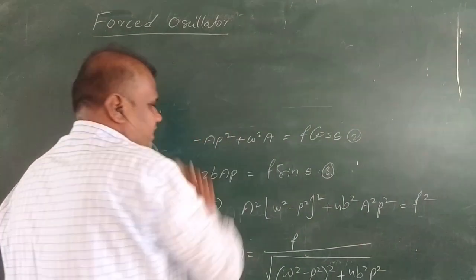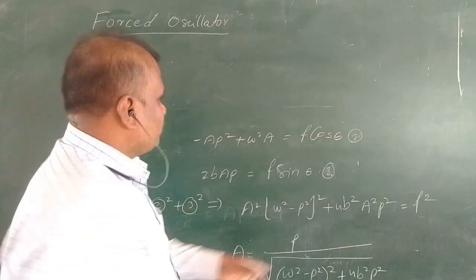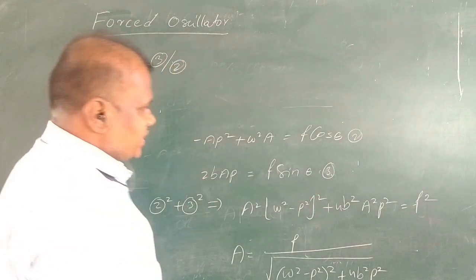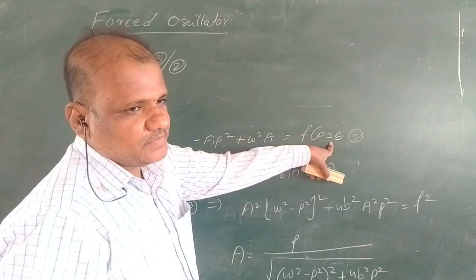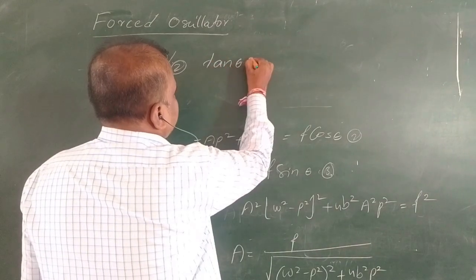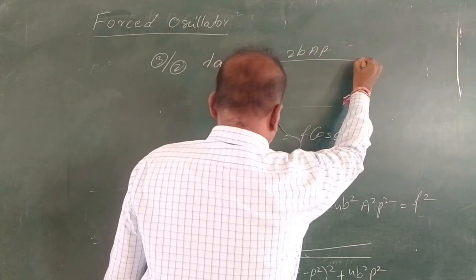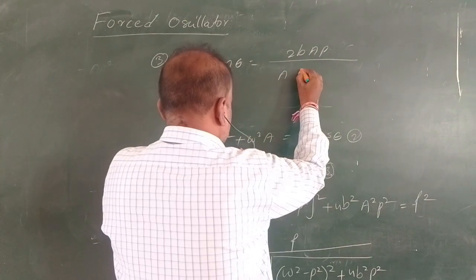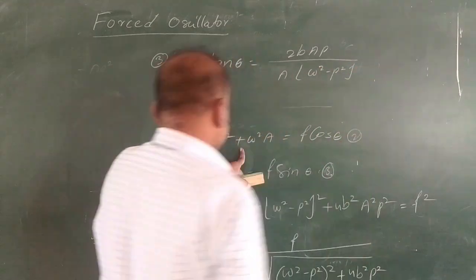Similarly, to get the phase difference, from equations number 2 and 3, if I divide equation number 3 by equation number 2, sin theta divided by cos theta is tan theta, which equals 2bap divided by a into (omega square minus p square).